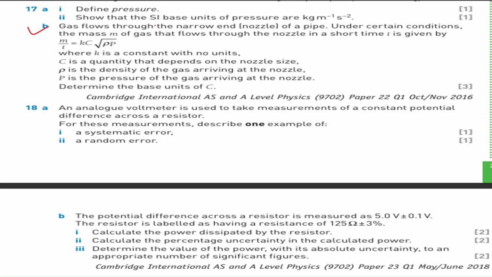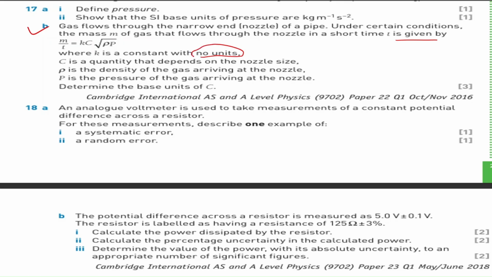They ask: gas flows through the narrow end nozzle of a pipe under certain conditions. The mass m of the gas that flows through the nozzle in a short time t is given by this formula, where k is a constant with no units.